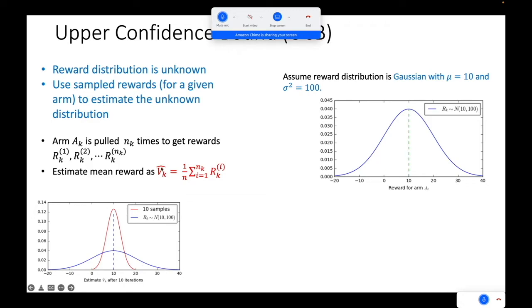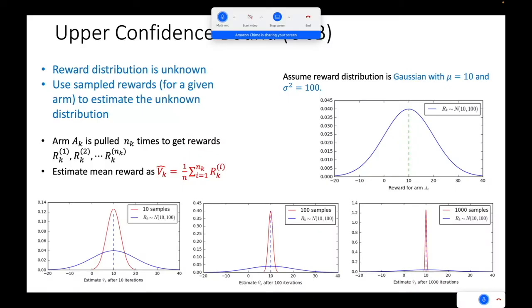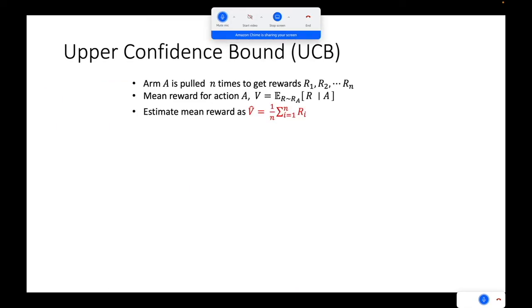Now you may ask how this mean reward gives a distribution. What we'll see is how this distribution changes when we allow drawing more and more samples. If we go from 10 to 100 samples and then 1,000 samples, this sample distribution gets narrower and narrower as we become more and more confident about the estimate.